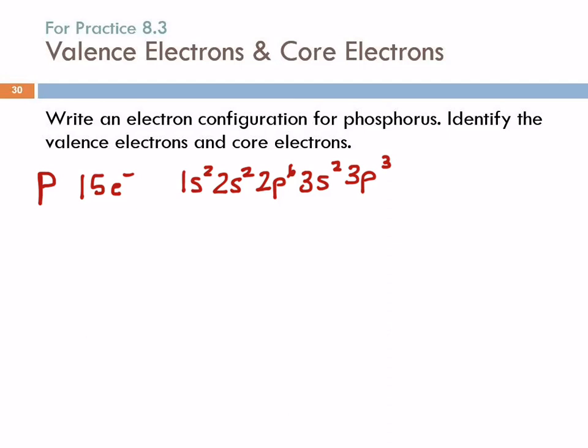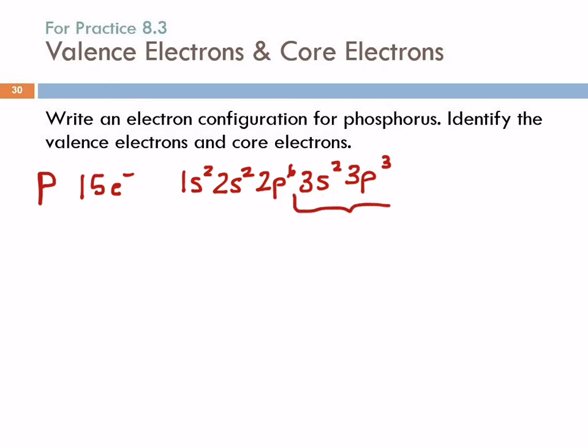So there's the electron configuration. Which are the valence electrons, which are the core electrons? For valence electrons, we're looking at all the electrons that have this highest principal number. So here we've got 3, that's the highest occupied level.